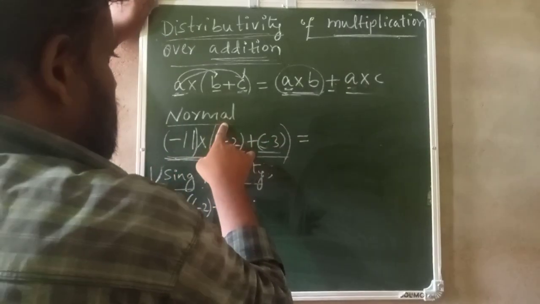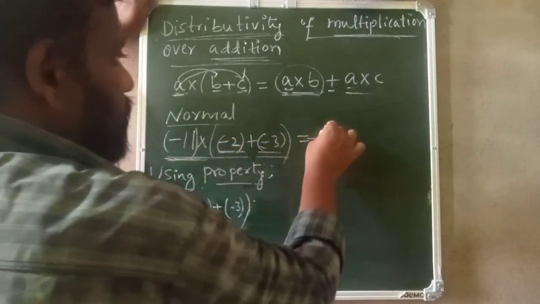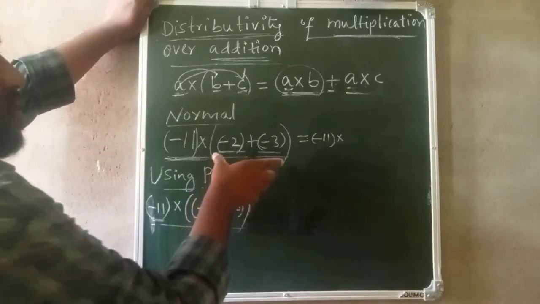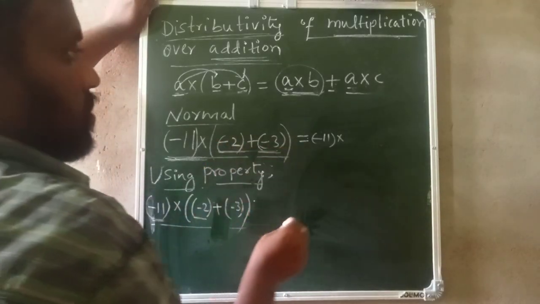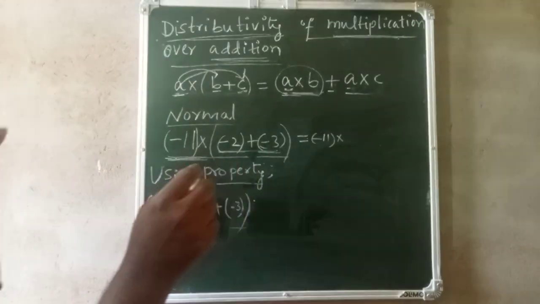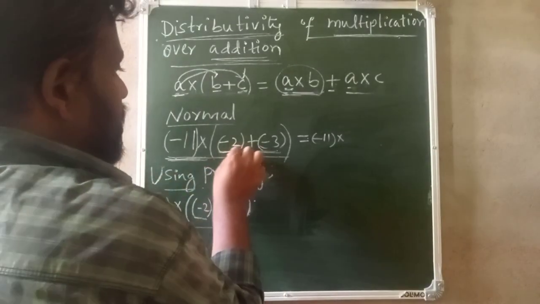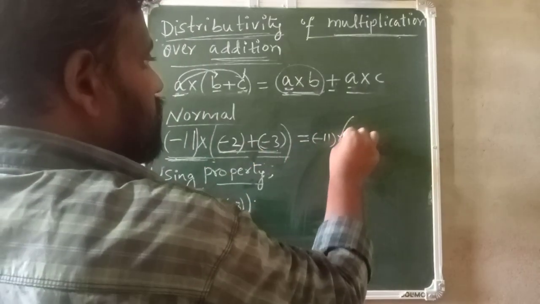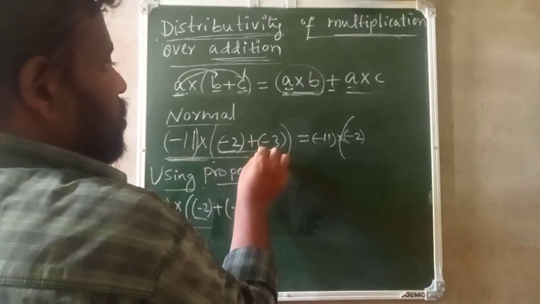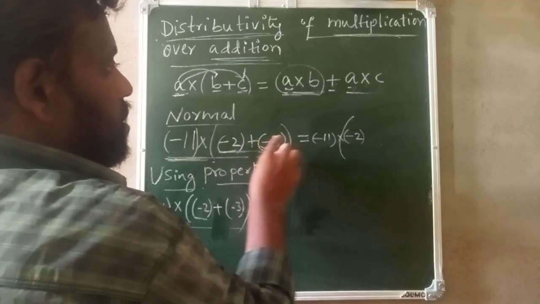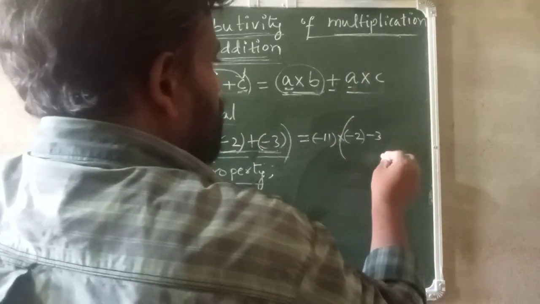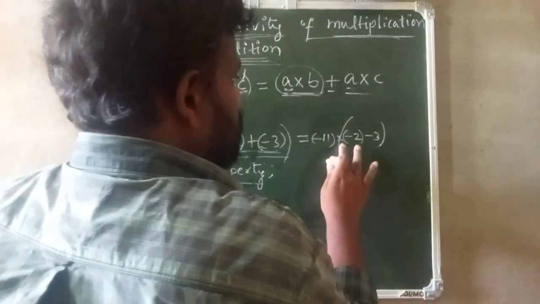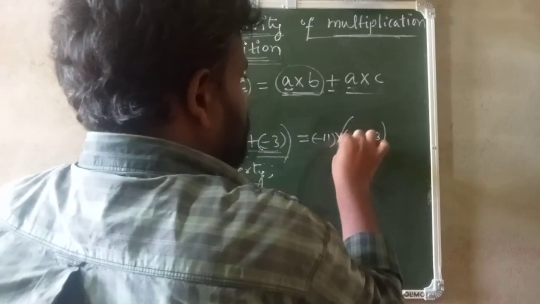So minus 11 into, right as it is. Next, inside this bracket, this we have to simplify. So first write this minus 2. First this bracket, then this minus 2. Now your bracket means into, plus into minus, minus 3. This bracket closed. Here into is there.